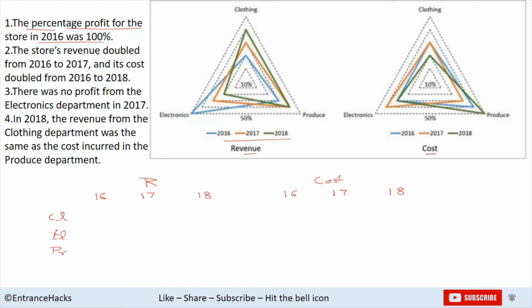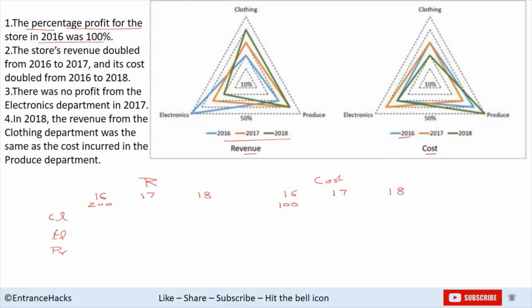So the first statement is saying the percentage profit for the store in 2016 was 100%. That means revenue should be double the cost. So let's assume our cost was 100 in 2016, so our revenue would be 200 in 2016. What was the breakup of this 100 in 2016? We get it from this chart. The blue line is the one showing us the cost.